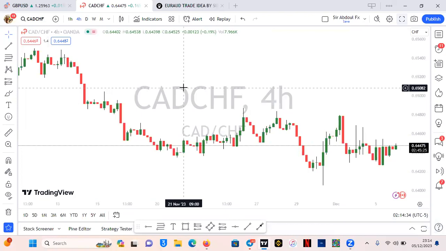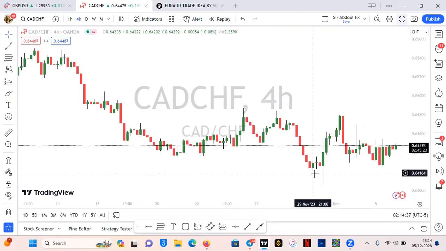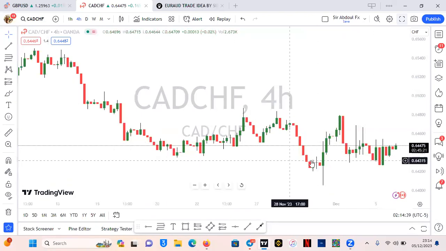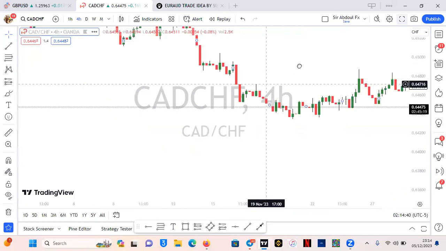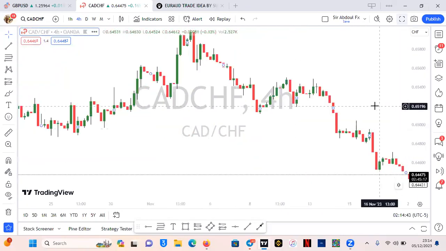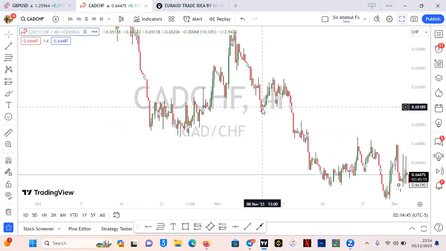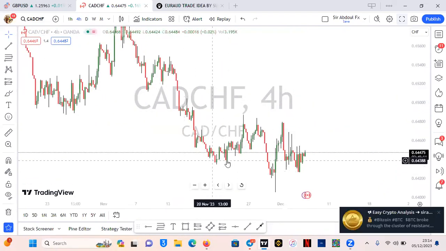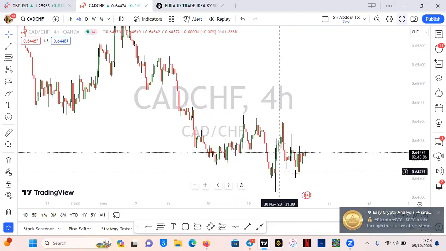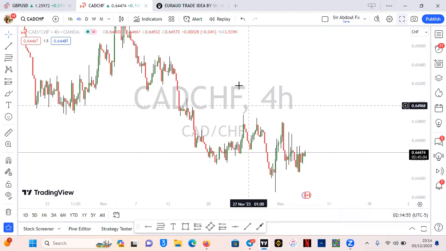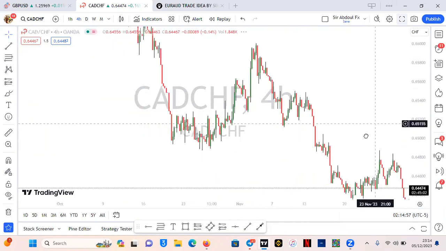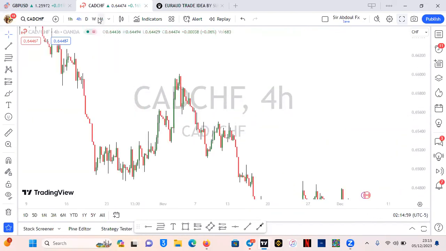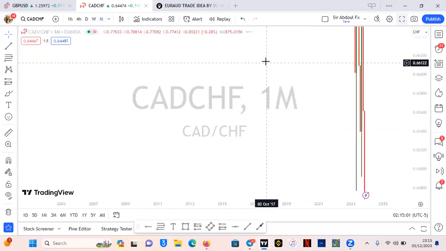All right, wow, this thing is ranging. We don't know why it's ranging. Maybe the market has been waiting for a long time. Yeah, I can see it's ranging. Maybe it's because of those levels. We can see rejection in the previous, but overall it's a downtrend.